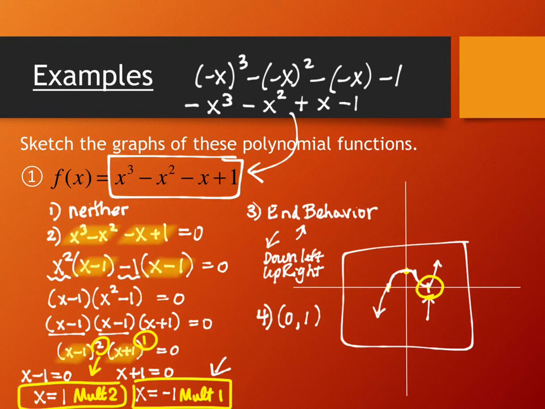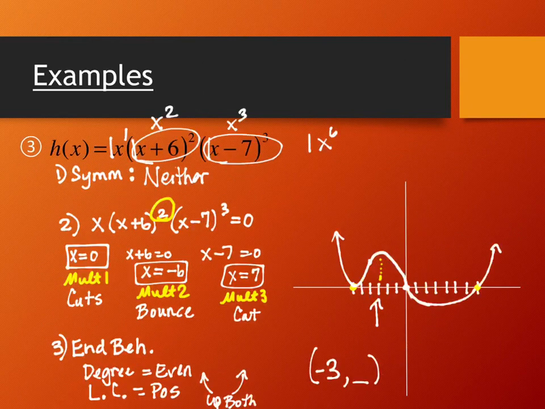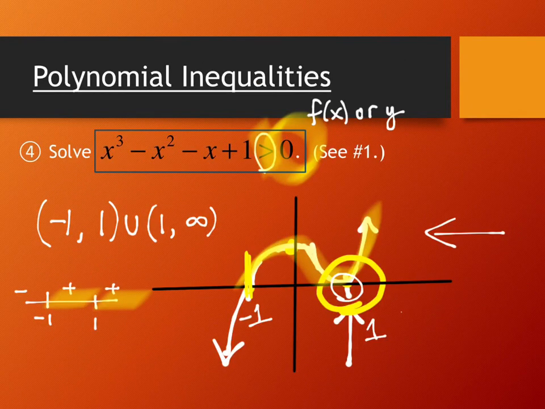You'd have to graph it with all the pieces, and then you'd use the graph to determine where it's above the x-axis or below the x-axis. This one was above because it said greater than 0. If it said less than 0, we'd be looking below. If it had equals to, we would include the x-intercepts. Any questions on that one? All right.